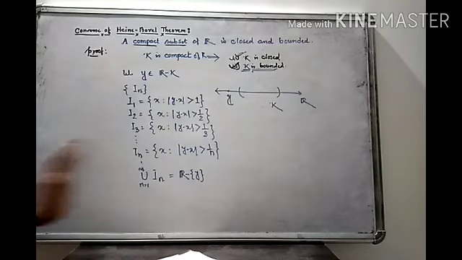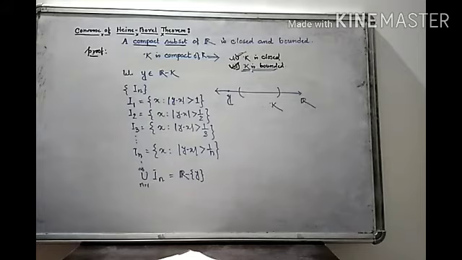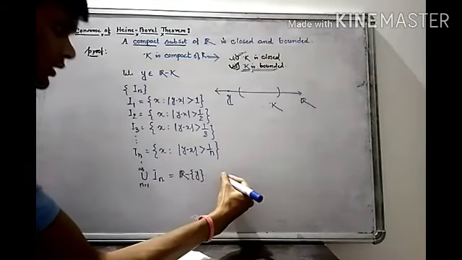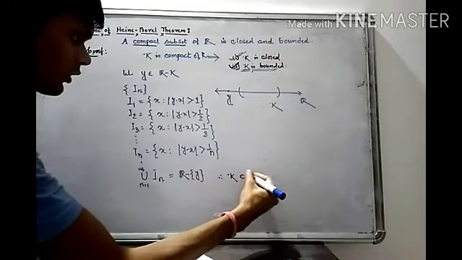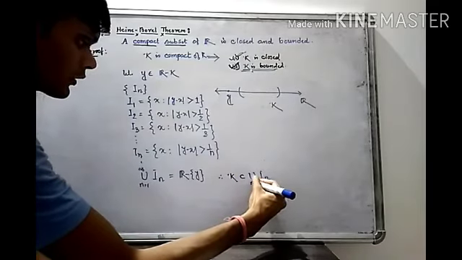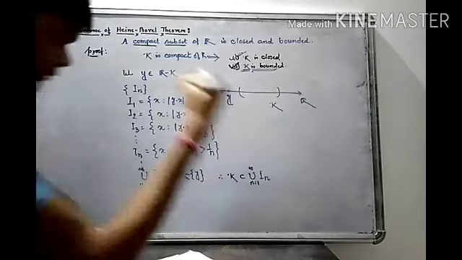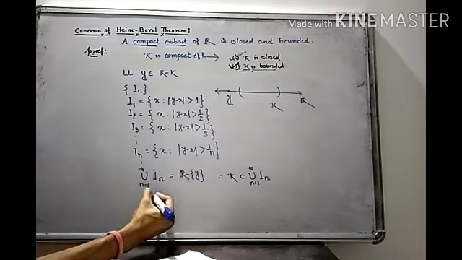It is obvious. This union equals R minus the singleton set y. And definitely K is also a subset of the union of In, n equal to 1 to infinity. Clear? Okay.